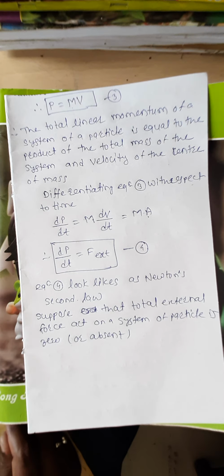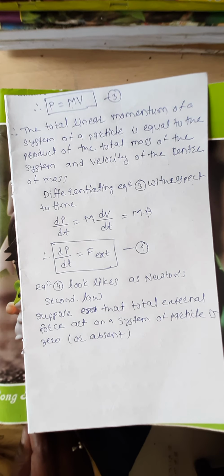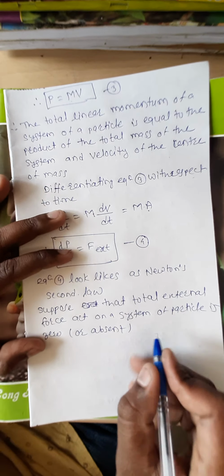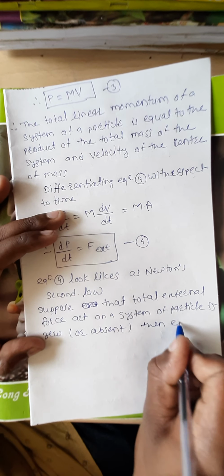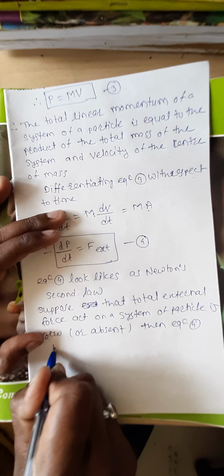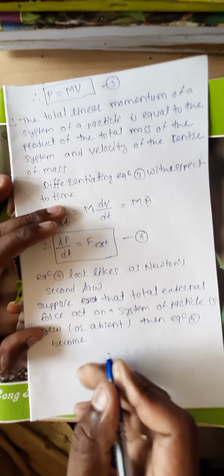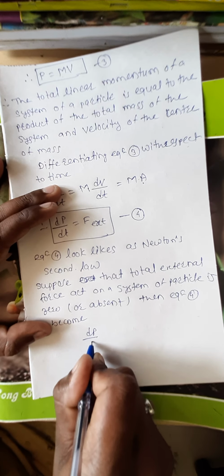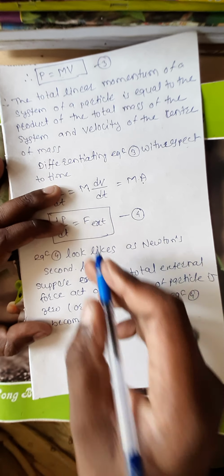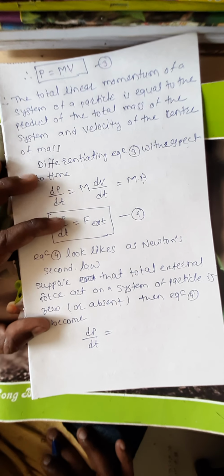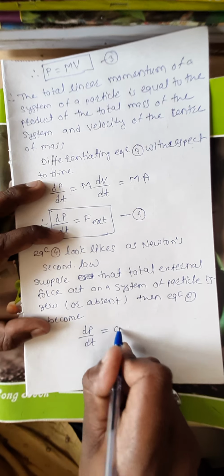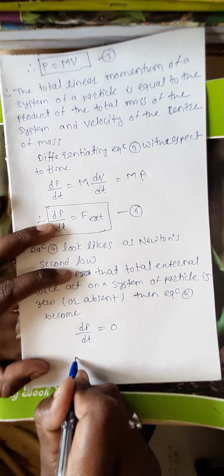Then equation 4 becomes dp by dt is equal to the total external force, which is 0, therefore dp by dt is equal to 0.